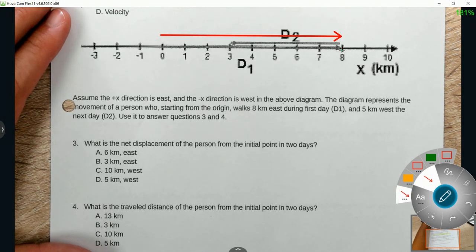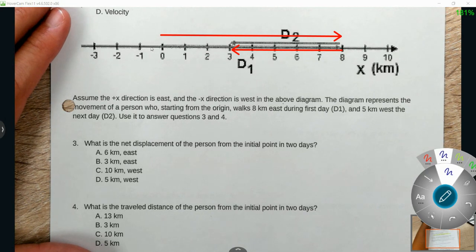And then they're going to move 5 back the next day. So they want to know, what is the net displacement? Well, what that means is, if you started here at 0, how far away are you at the end? Right there, which is at 3.